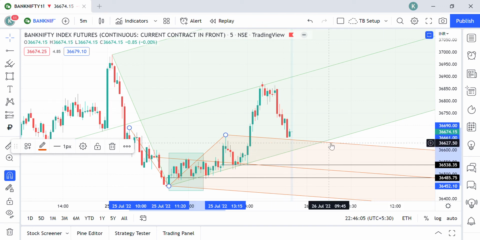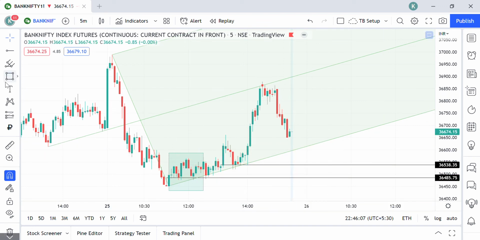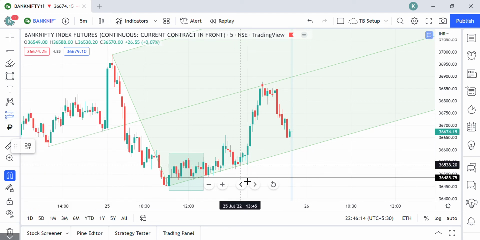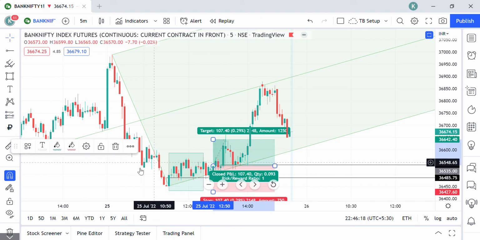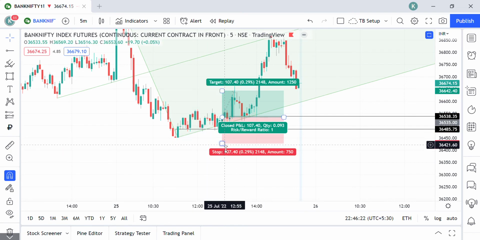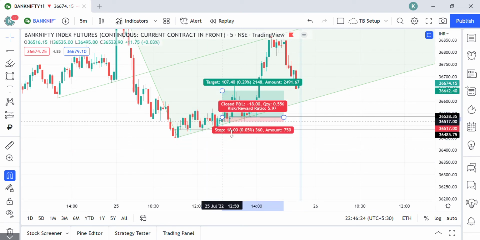target. So if we see a long option, a buy option, with the previous analogy that we have understood, that is the inside and outside candle with 1:3 risk reward ratio.